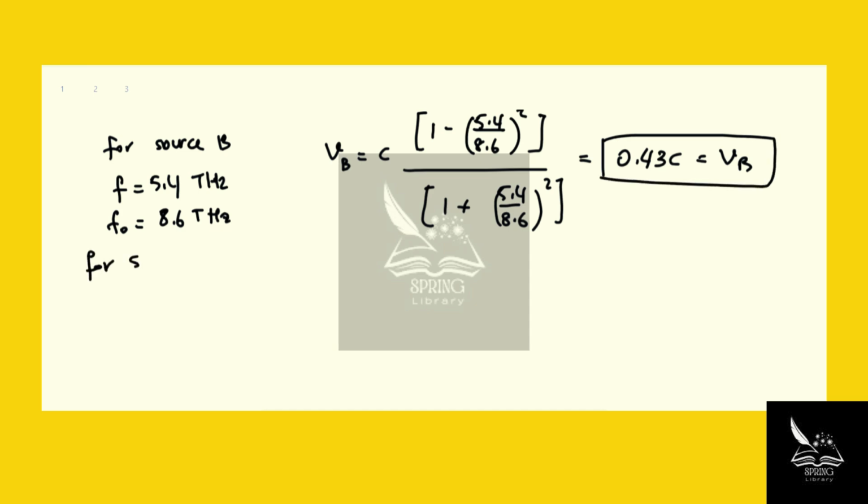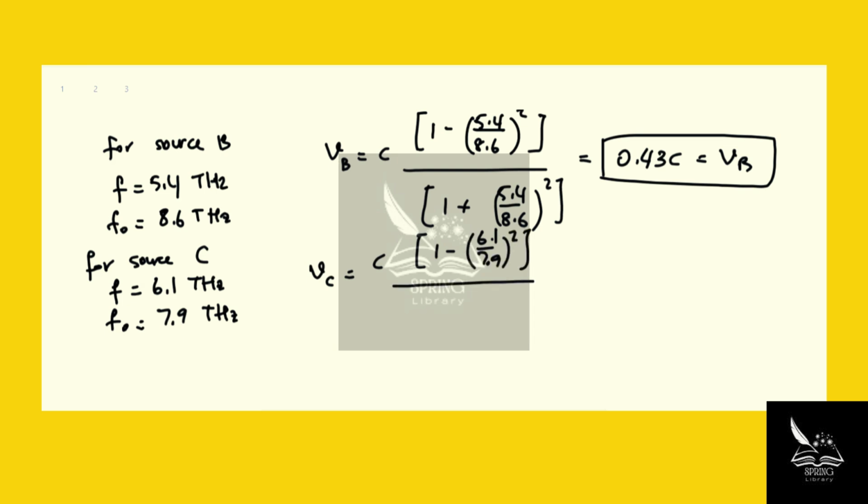Now for source C, f equals 6.1 terahertz, and f naught is 7.9 terahertz. So then the speed for it is going to be 1 minus (6.1 divided by 7.9) squared divided by 1 plus (6.1 divided by 7.9) squared.